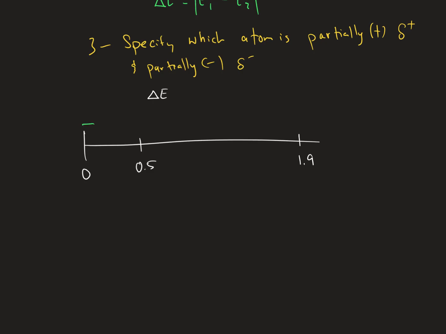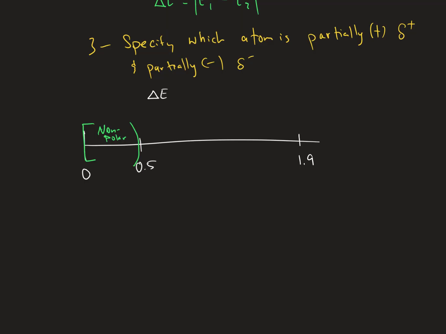So if the difference in electronegativity is between 0 and 0.5, do you guys get the notation of the square brackets and the round brackets? If it's the square, it includes that. If it's the rounded, it doesn't include that. Just math notation. So if it's between 0 and 0.5, up to 0.5, we'll just say it's nonpolar.